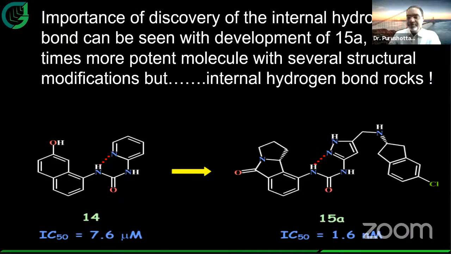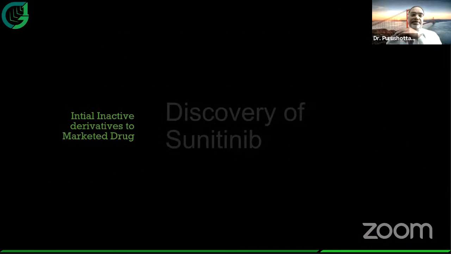In the next slide, we will see how in the case of sunitinib, which is the first anti-cancer drug developed through targeted molecular therapy, the initial inactive derivatives are further modified to get the market drug.